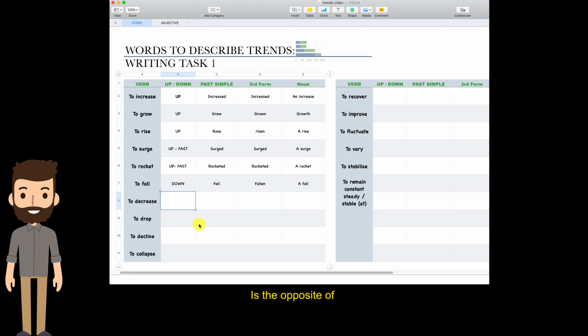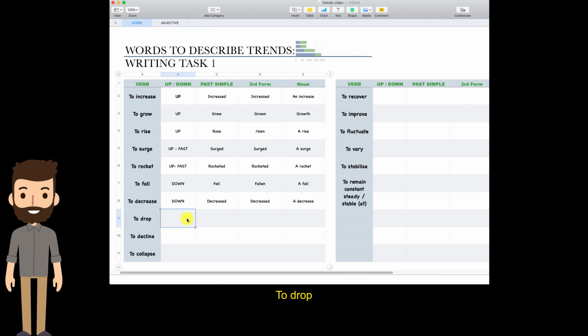To decrease is the opposite of increase. So it's going down. Past simple is decreased. My spelling is off today. Decreased again for your third form, and the noun form is the same as increase, but we say a decrease.